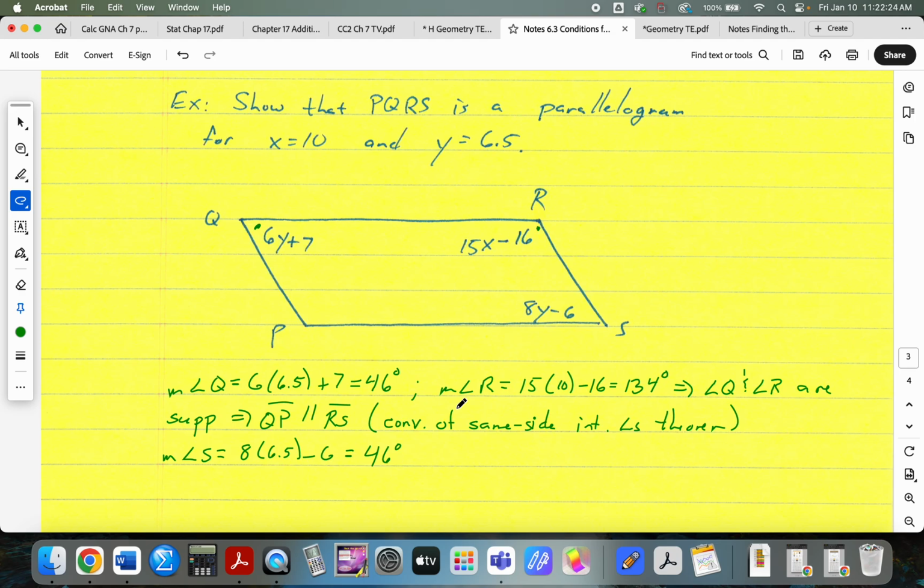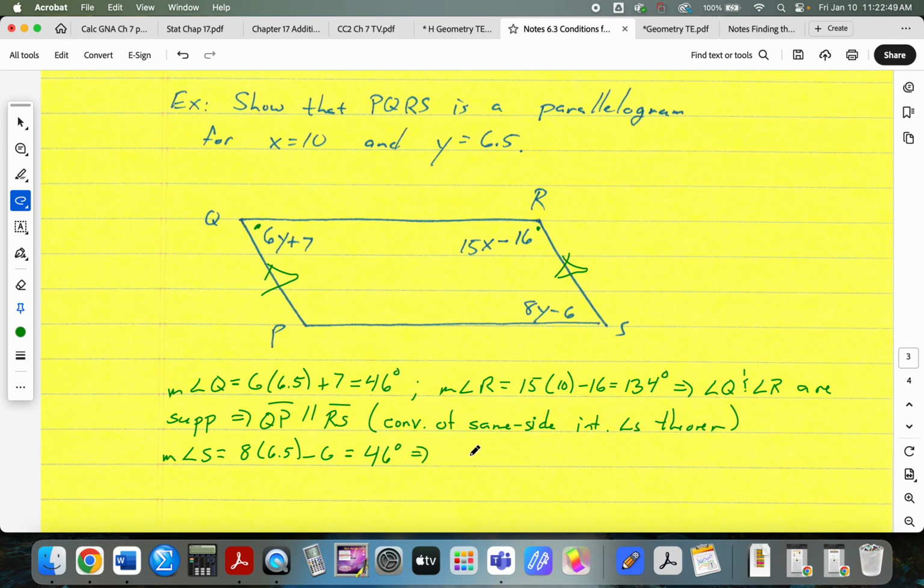We know that angle Q is congruent to angle S, and we know that angle R and angle S are supplementary. Only one of those is helpful to us at this point. It's that R and S are supplementary, because at this point we know that the left and the right sides are parallel, but we need to show the top and the bottom sides are parallel also.